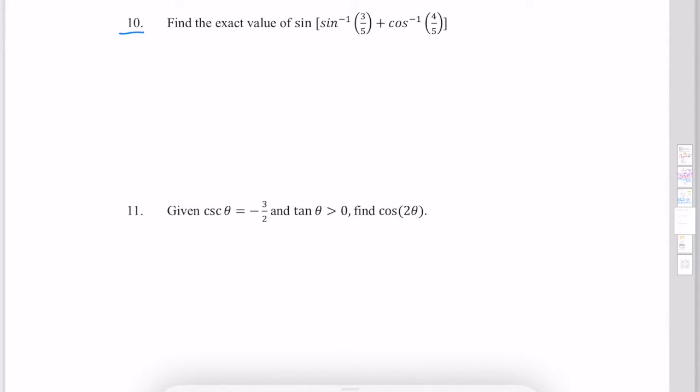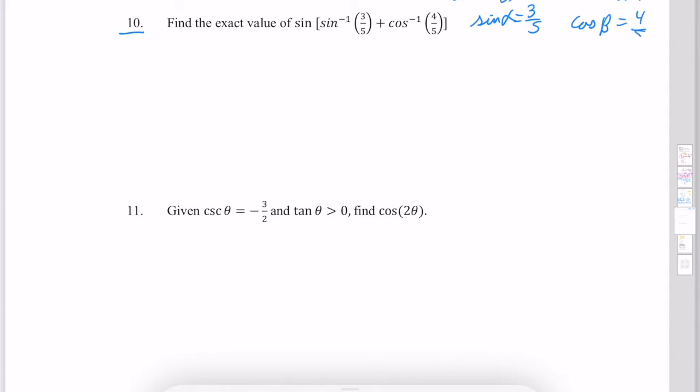So if I have sine of sine inverse of 3/5 plus cosine inverse of 4/5, we can solve this using the sum angle formulas. So sine inverse of 3/5, we can think of that as alpha, so sine of alpha equals 3/5, and cosine inverse of 4/5 could equal beta, so then cosine of beta equals 4/5.